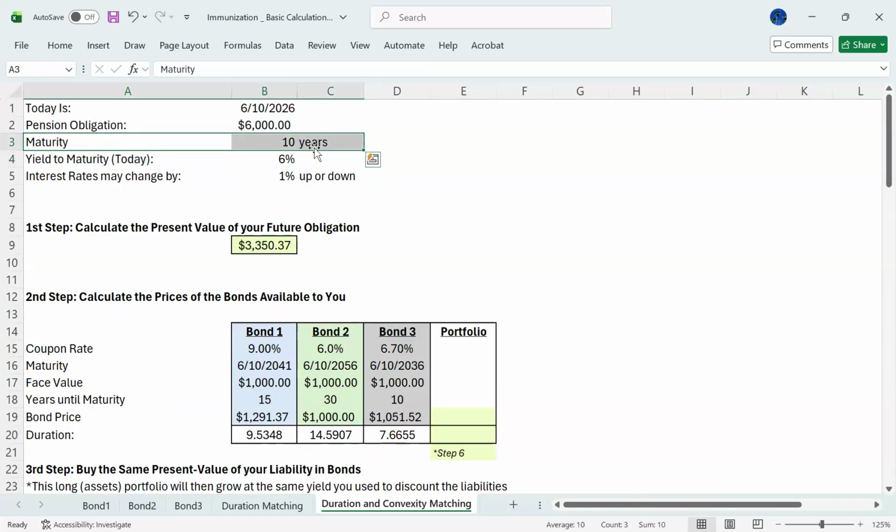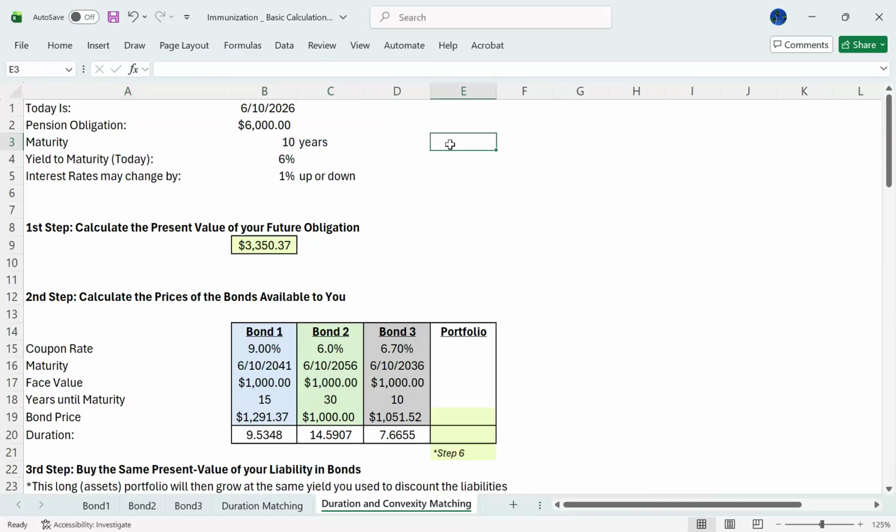It's a lump sum 10 years from now. So because it's a single sum 10 years from now, then the convexity, if you rerun this for that $6,000 liability, boils down to T times T plus 1. Okay, so the convexity of the liability is essentially 110.